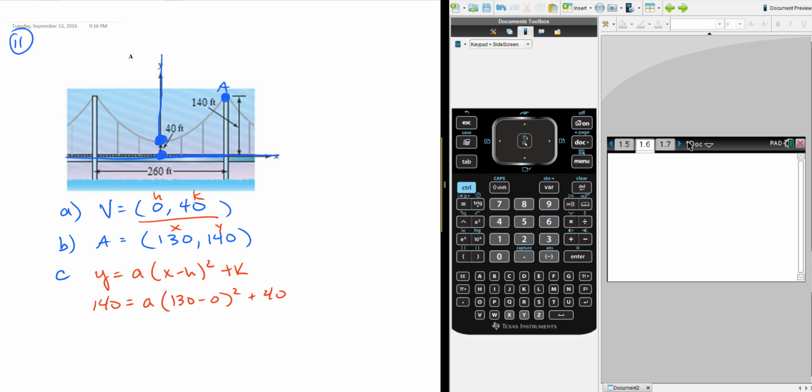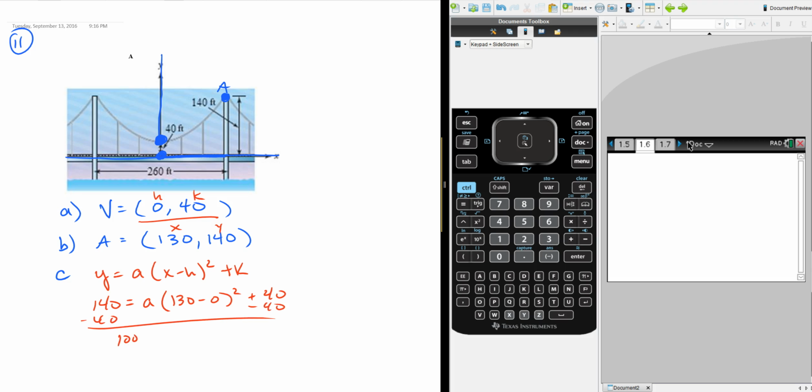And so we can solve this. We can subtract the 40 from both sides, so 100 is equal to a times 130 squared. 130 squared is 16,900, so we can divide both sides by 16,900, and I get a is 1 over 169.